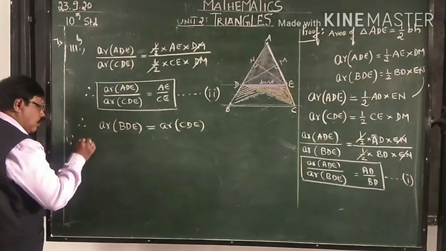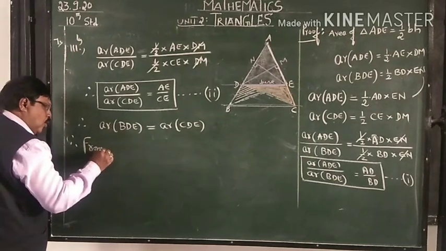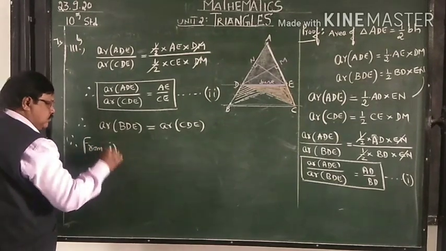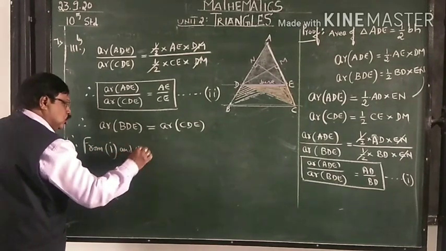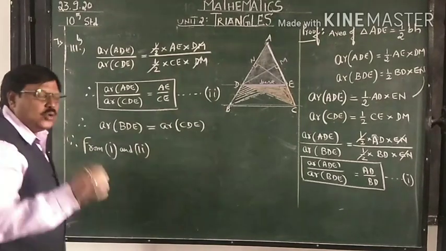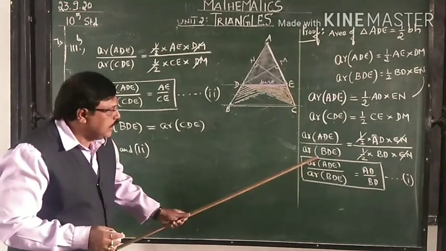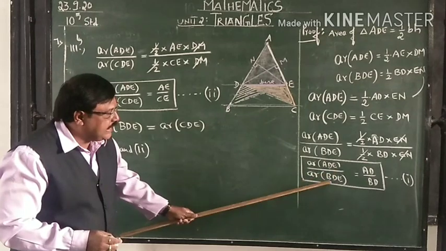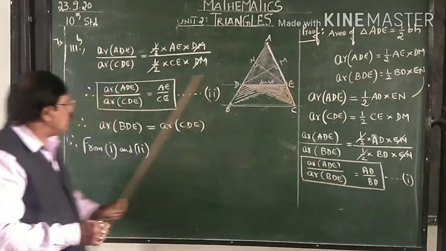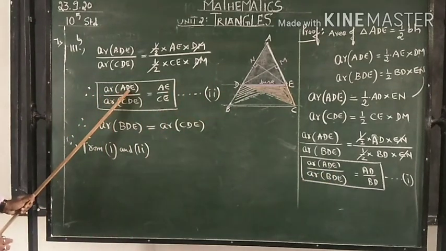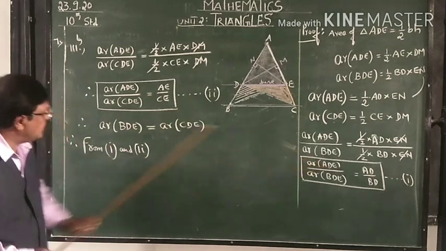Therefore, from 1 and 2, we can conclude that in area of ADE by area of BDE and area of ADE by area of CDE, the numerators are equal.